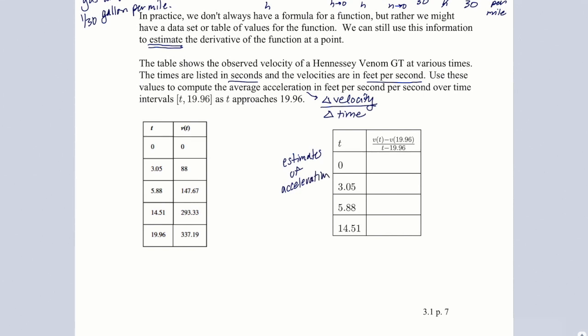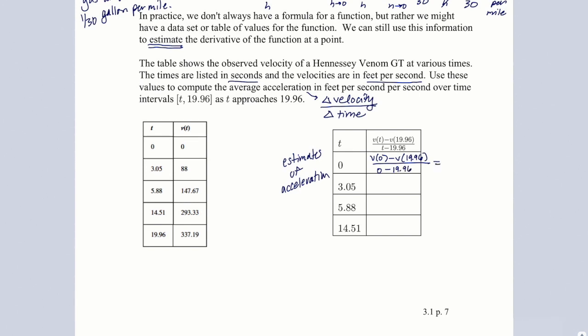Right, and we're going to be looking at the average acceleration on different time intervals as those time intervals get shorter and shorter, and as the start of the time interval gets closer and closer to 19.96. So in the first one, I want to compute v of 0 minus v of 19.96 over 0 minus 19.96.